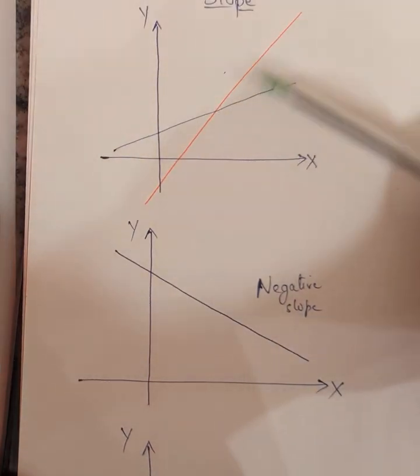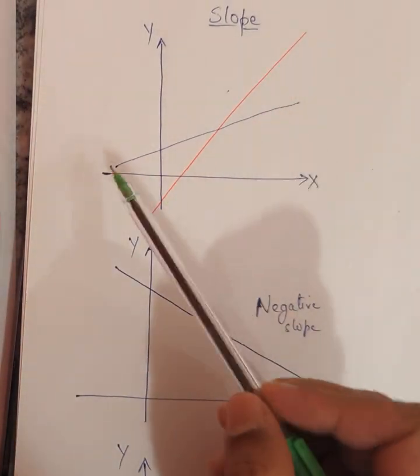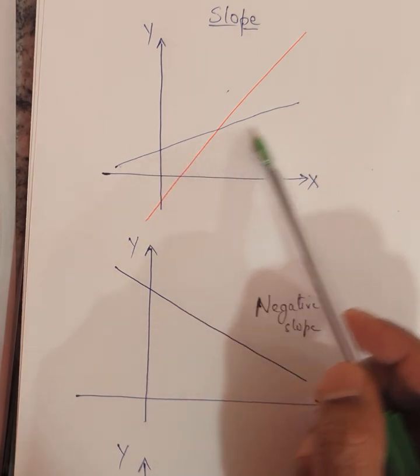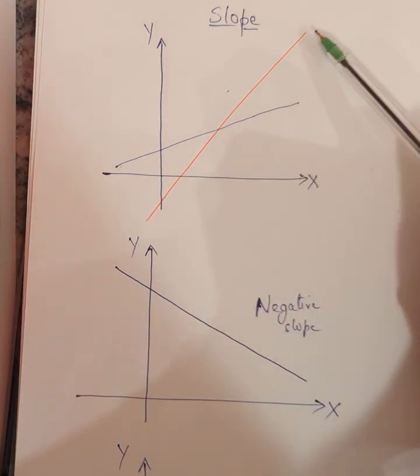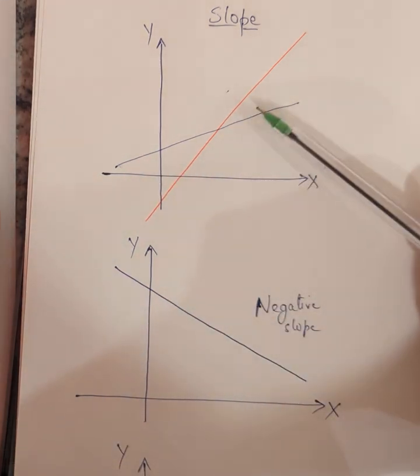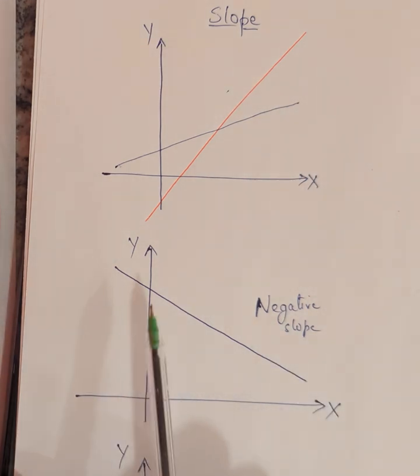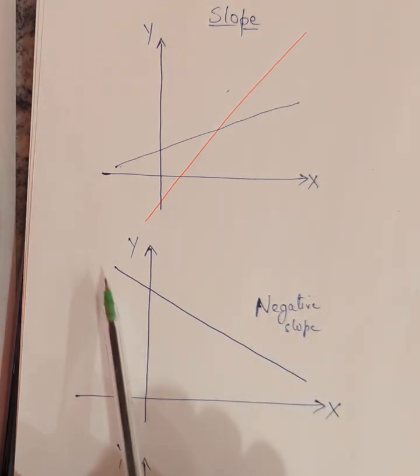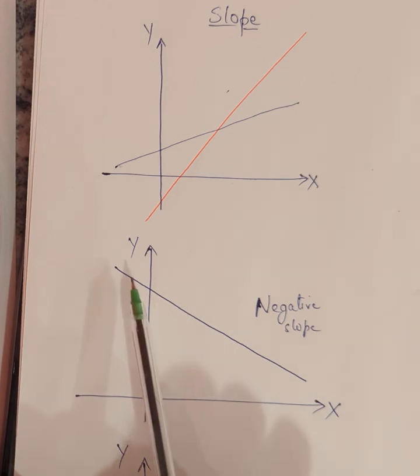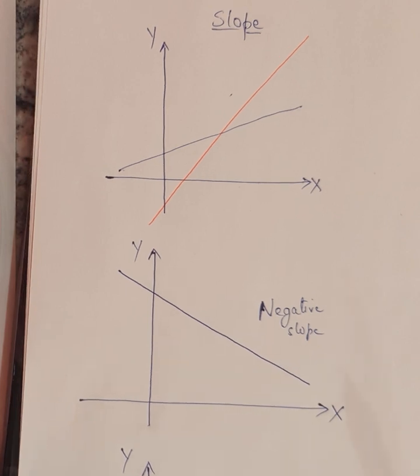Now, in the first two lines that I drew, as you move from left to right, you're going to gain height. So you say that these lines have positive slope. Whereas in this, if you move from left to right, your height goes down. So you say it has negative slope.